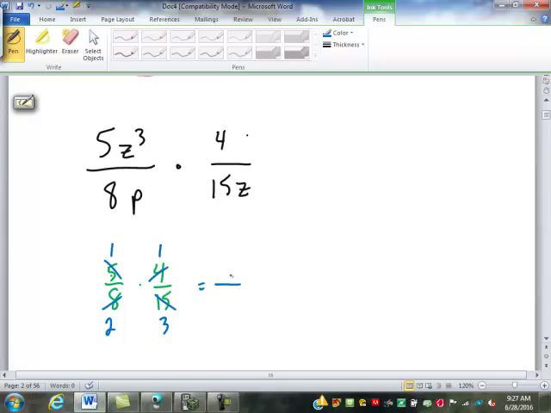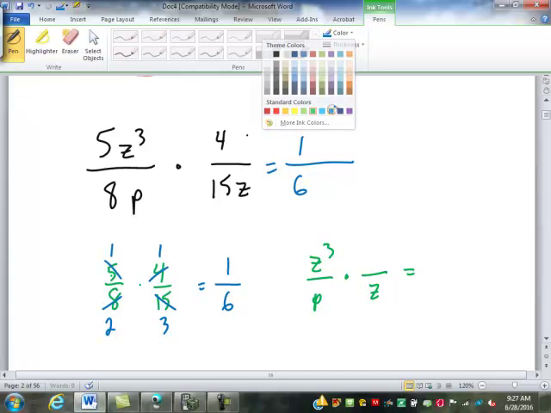Then what? 1 over 6. And then? Okay, Z cubed over P. Nothing over just Z, right?